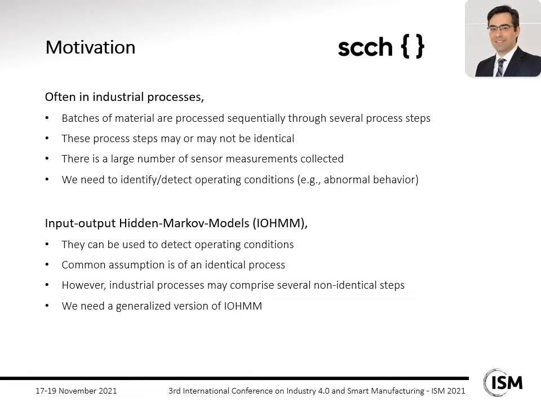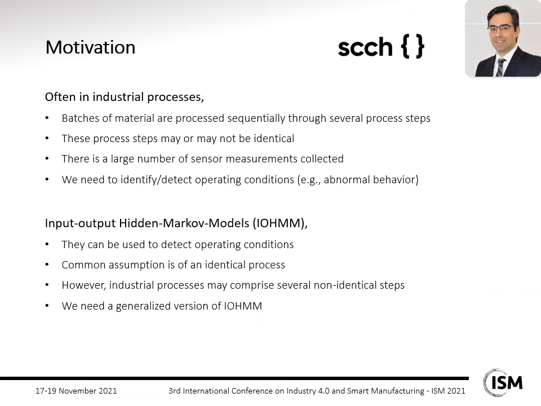Input-output hidden Markov models can provide a framework for detecting operating conditions. However, they are based on an underlying assumption that there is an identical process. This process repeats continuously, and the underlying physical laws of this process, or the details of this process, remain identical.